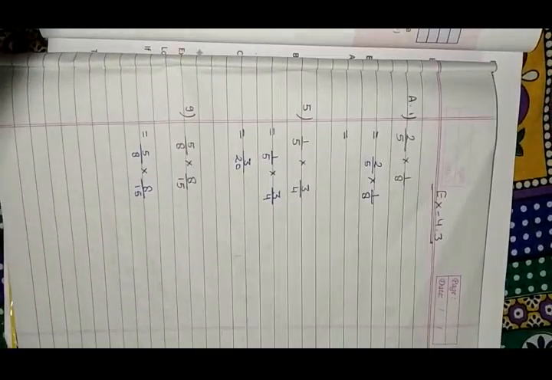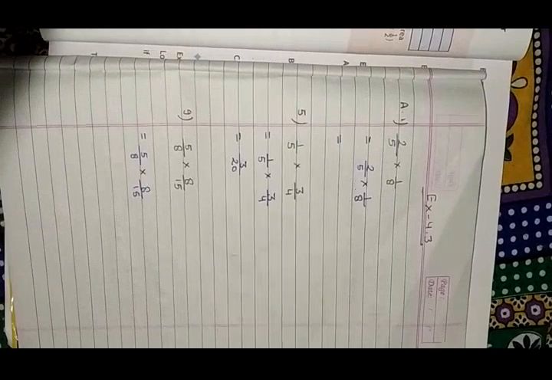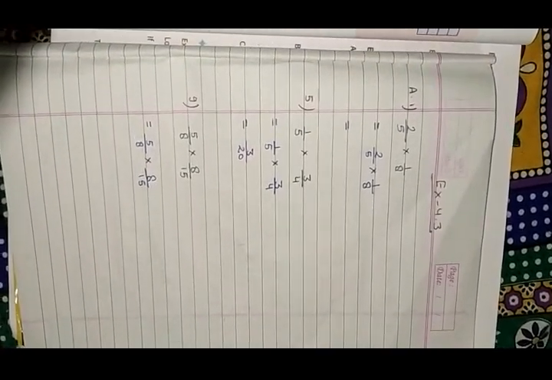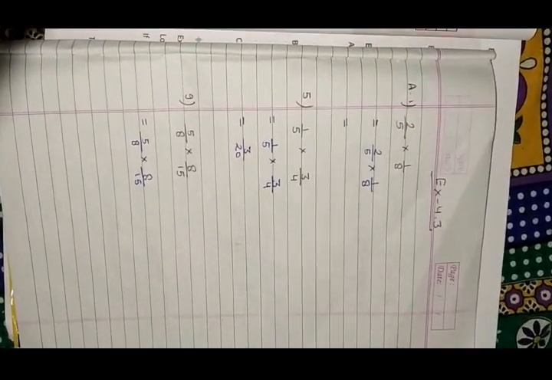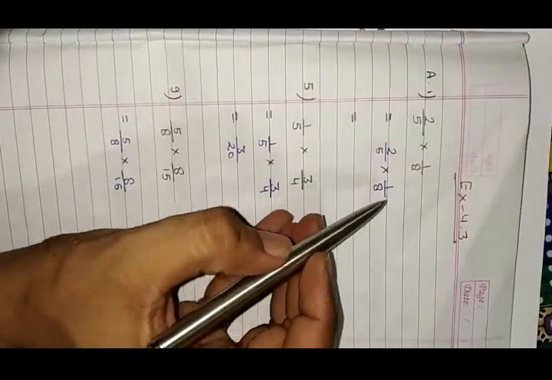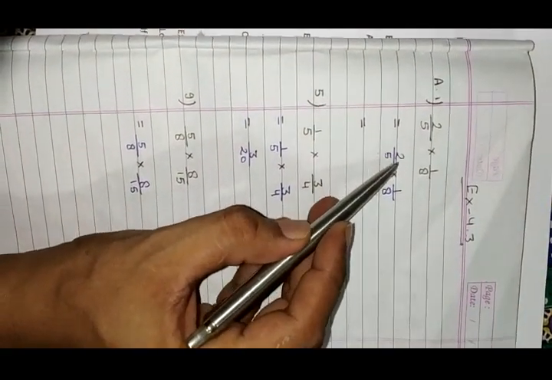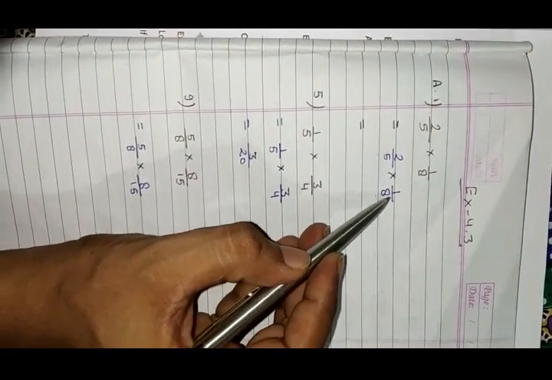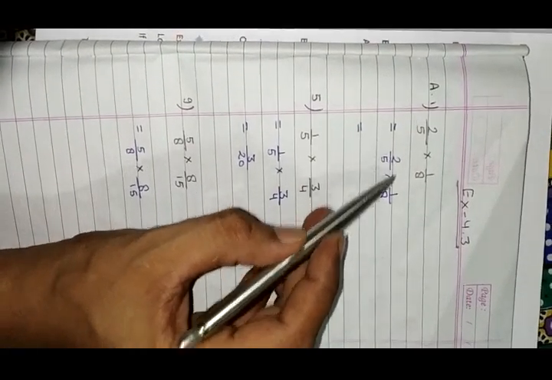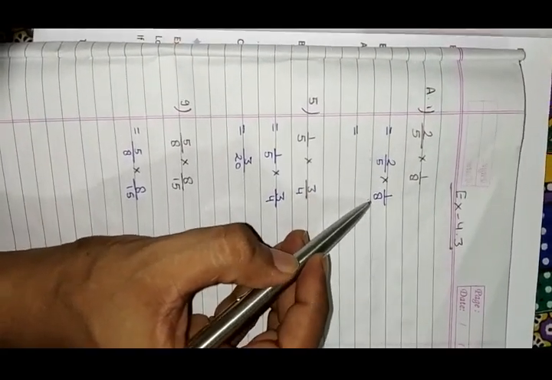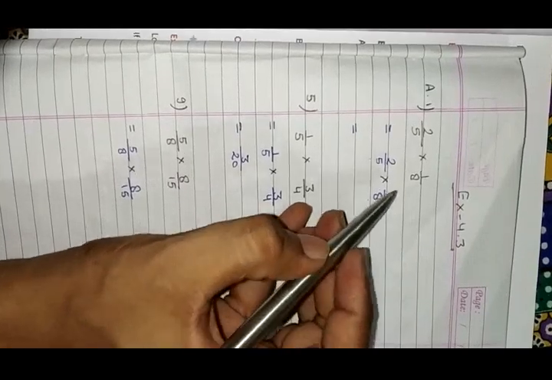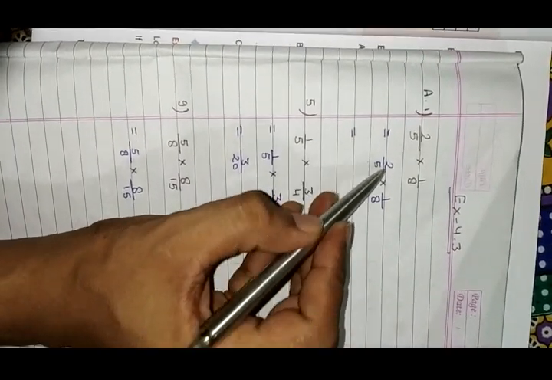If there is any common factor in numerator and denominator, we will cancel out this common factor. Now there is 2 and here is 8. Both have common factor 2, so we will cancel out 2 from both the numbers.